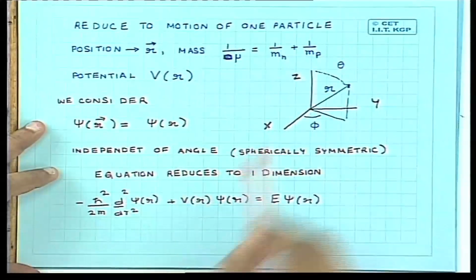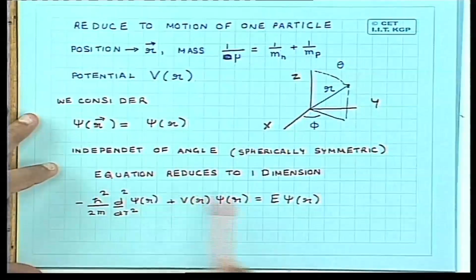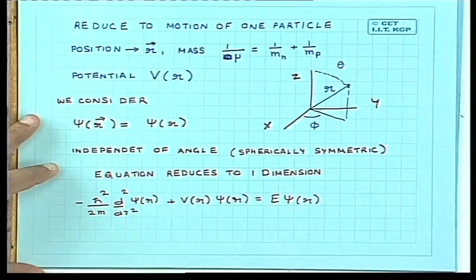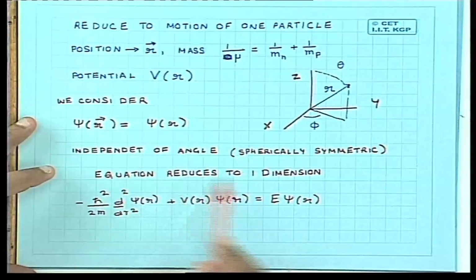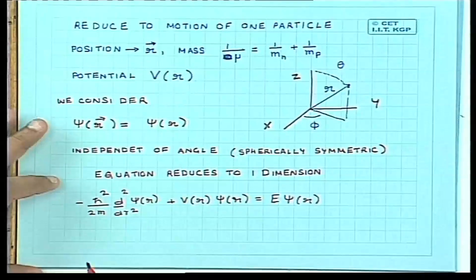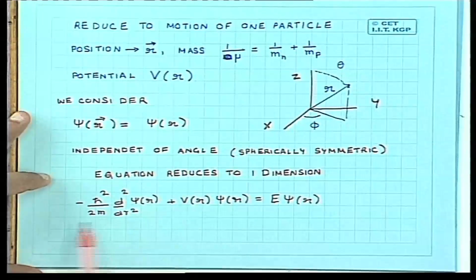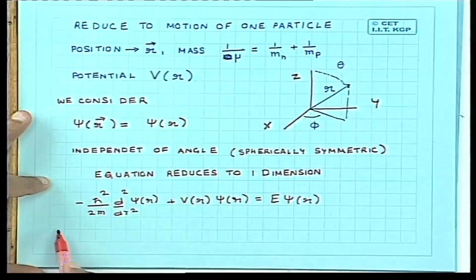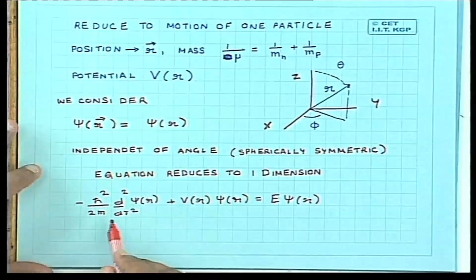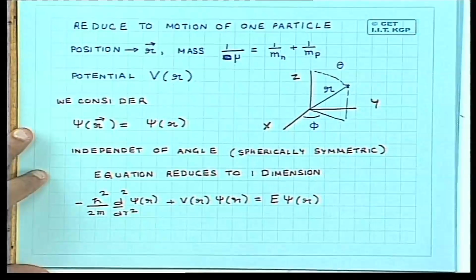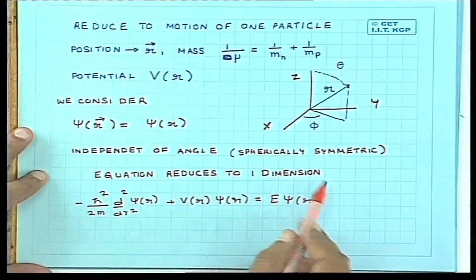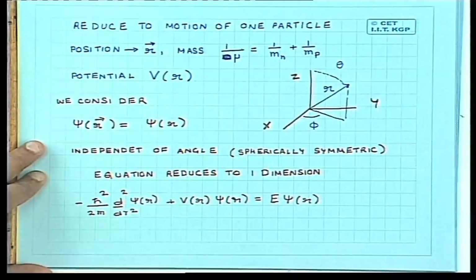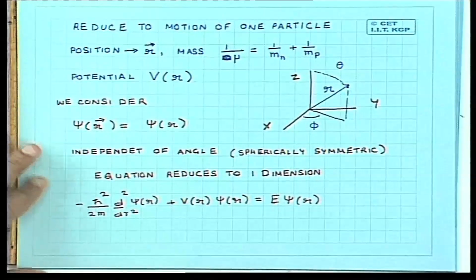So in polar coordinates, the Schrodinger equation reduces to the equation for a particle in a one-dimensional potential well. And this is the equation where we have r instead of x. So this is the problem which we have been considering all this while, a particle moving in a one-dimensional potential.